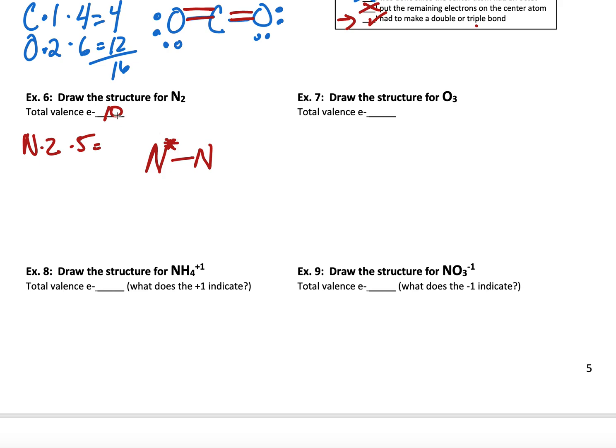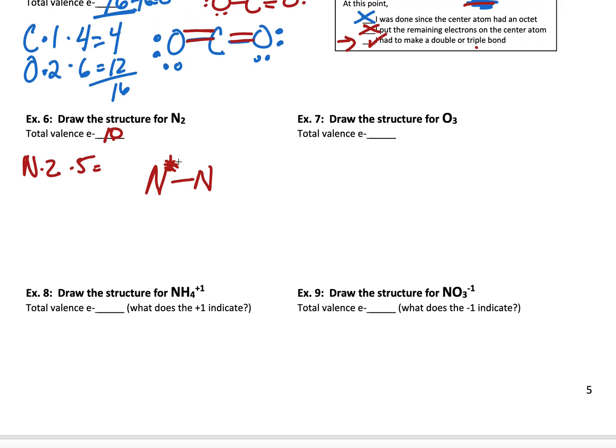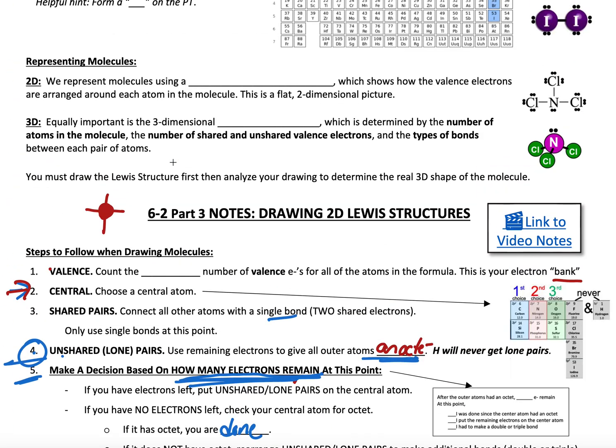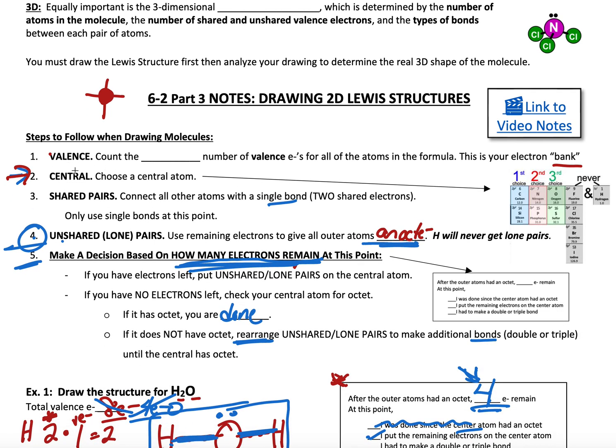So we figured out how many total electrons. We picked our center atom. This guy is the captain. This guy gets our little star. This is our center N. We connected the other one with a single bond. So far we've still done step 1, 2, and 3.